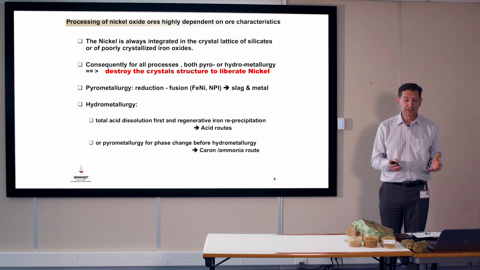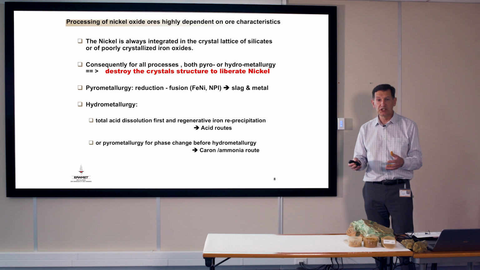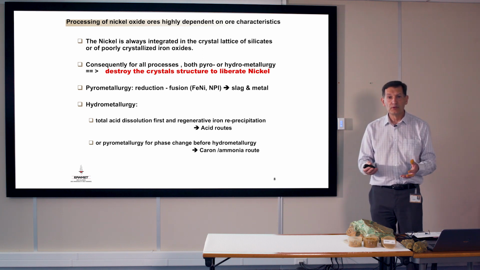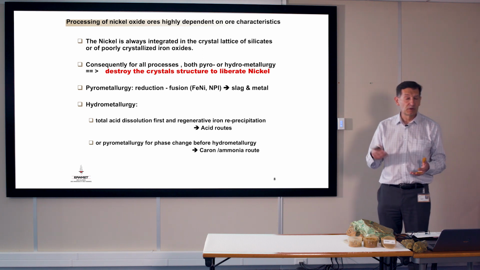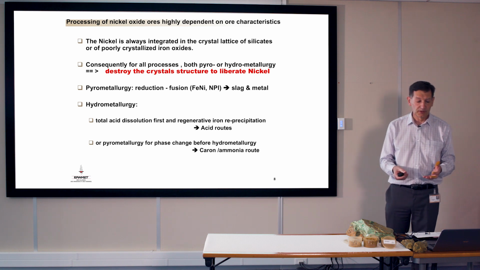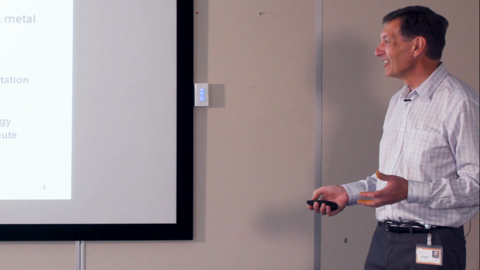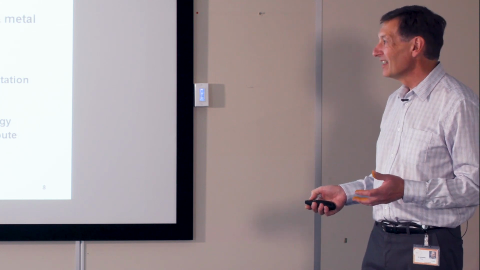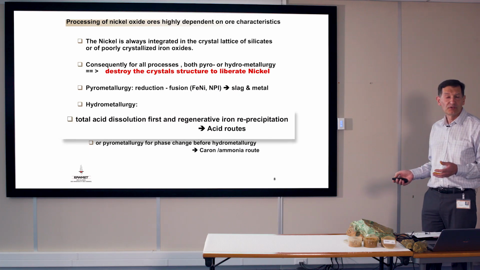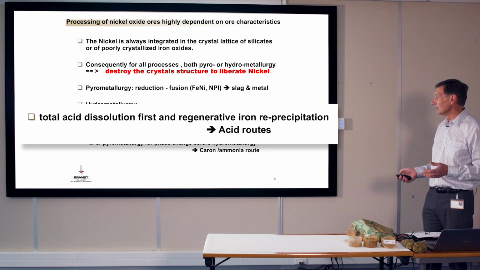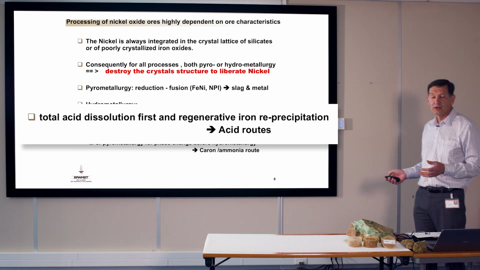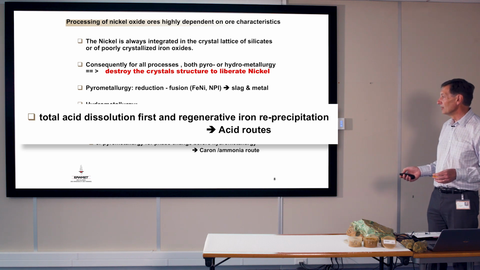By this melting. And in hydrometallurgy, you dissolve the ore, you put all the components of the ore in a solution. In hydrometallurgy, there are two kinds of processes, either a total dissolution by acid, and you reprecipitate the iron during the dissolution.